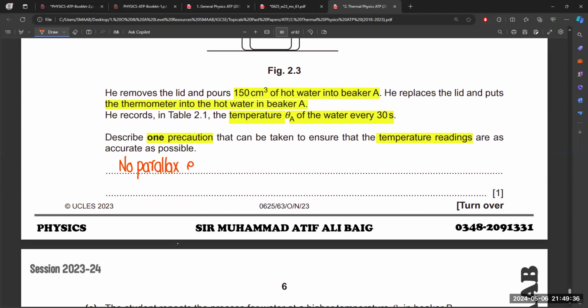So you can mention the idea of there being no parallax error, right? Now you can see these are common precautions for a thermometer. These precautions are not specific to any question.